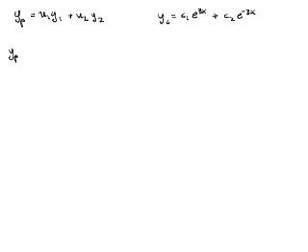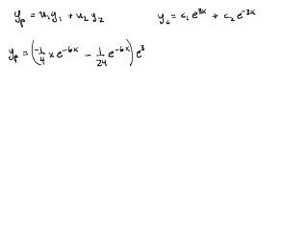We'll get u1, which is minus 1/4 x e to the minus 6x minus 1 over 24 e to the minus 6x. That's my u1 times y1, which is e to the 3x, plus u2, which is minus 3/4 x squared times y2, and y2 is e to the minus 3x.